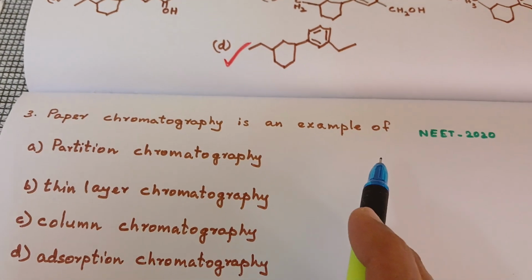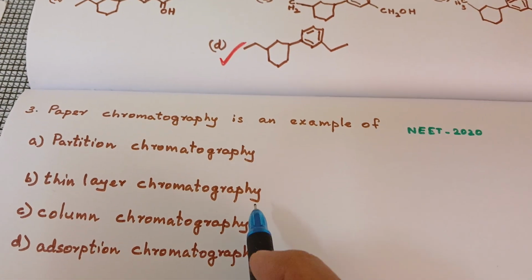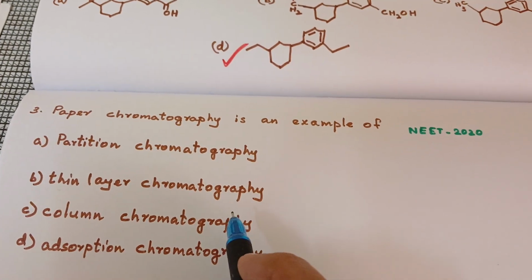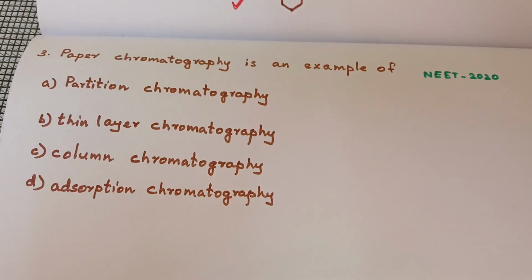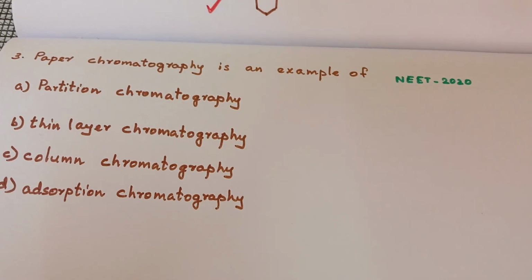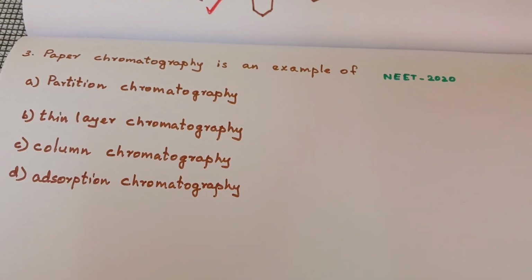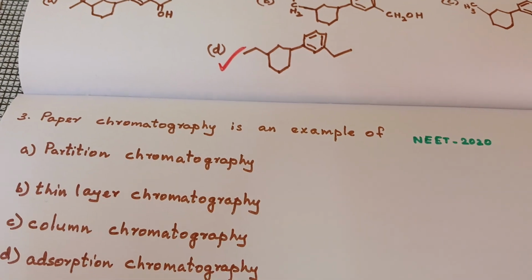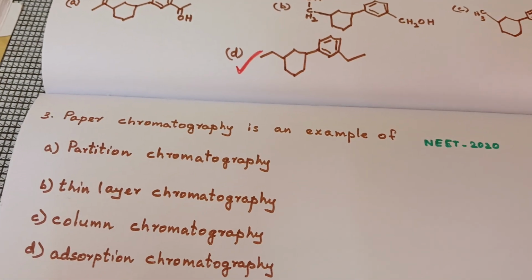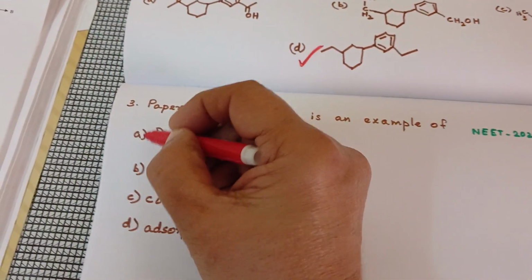Paper chromatography is an example of: partition chromatography, thin layer chromatography, adsorption chromatography, column chromatography. So paper chromatography is an example of partition chromatography.